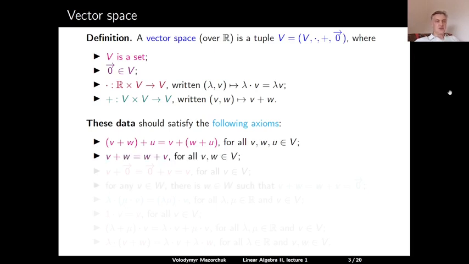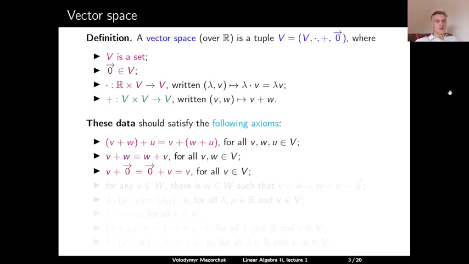The second axiom is that addition should be a commutative operation, which means that v plus w is equal to w plus v for any v and w in V. The third axiom says that the zero vector is neutral with respect to addition.